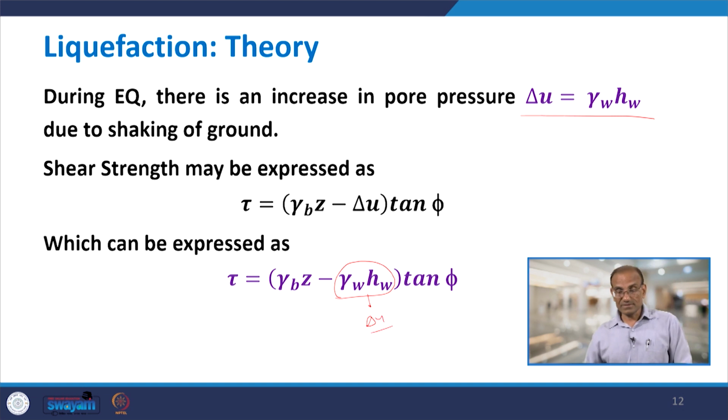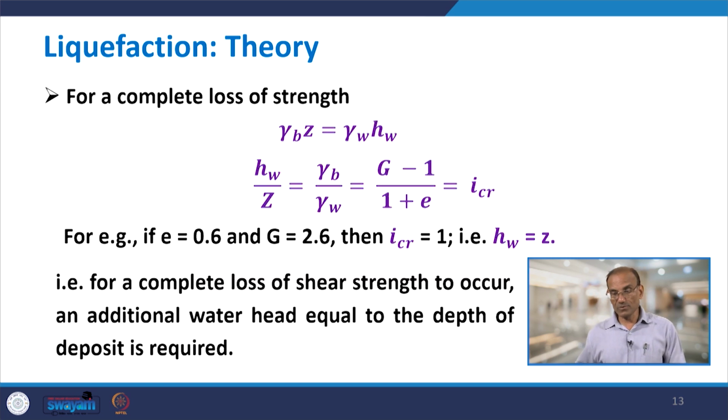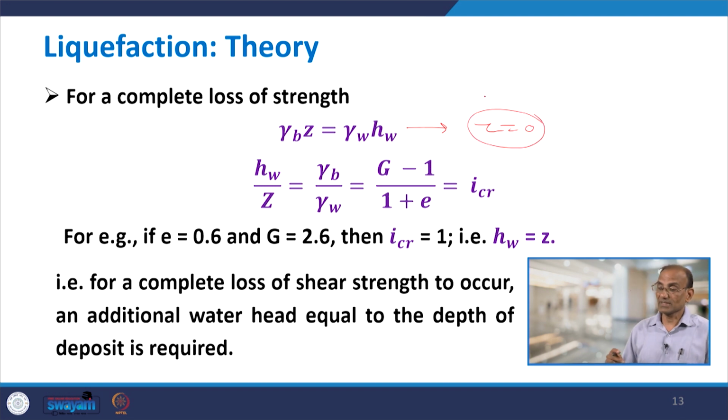Now, in this equation, if gamma submerged into Z and gamma W into H W are equal, that is the condition for tau to be equal to 0. In this case shear strength will be completely lost and it will be 0. This can be simplified using gamma submerged, the submerged unit weight, as G minus 1 over 1 plus e.